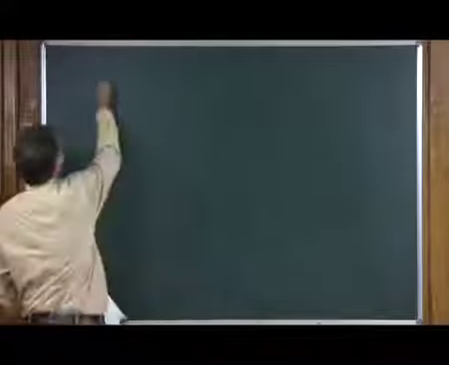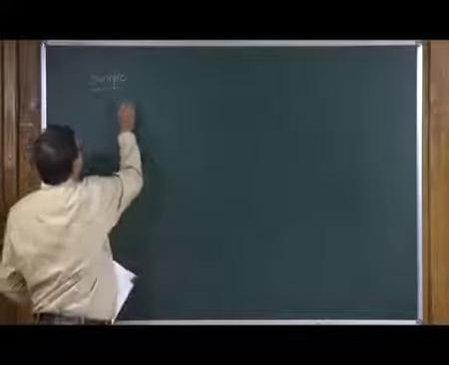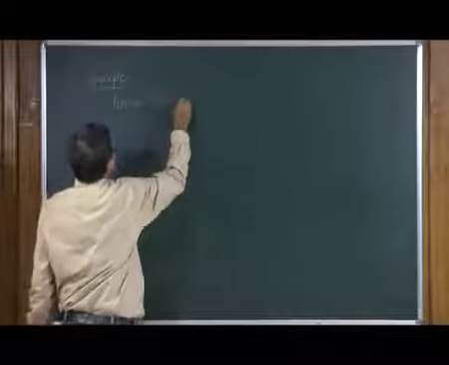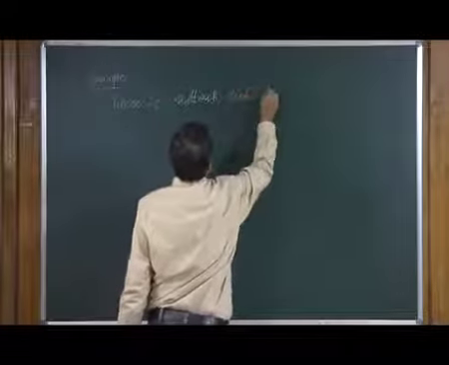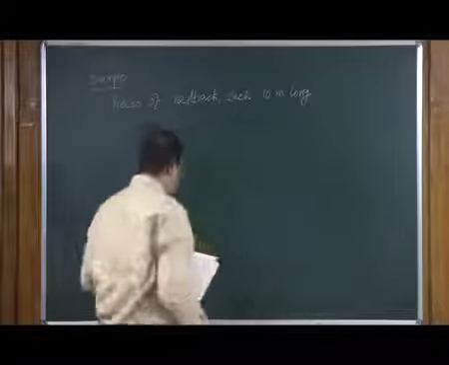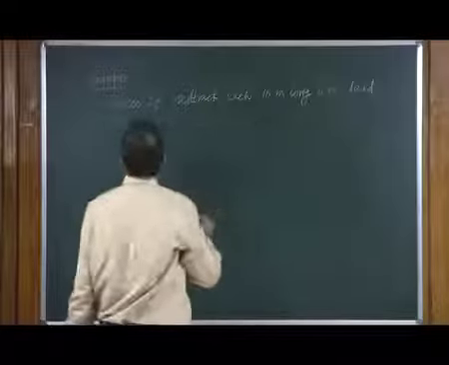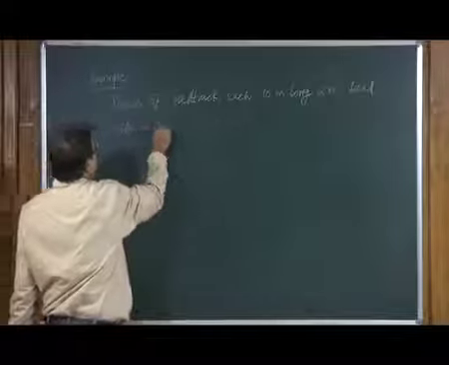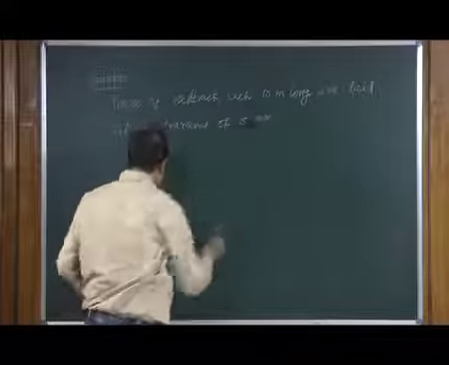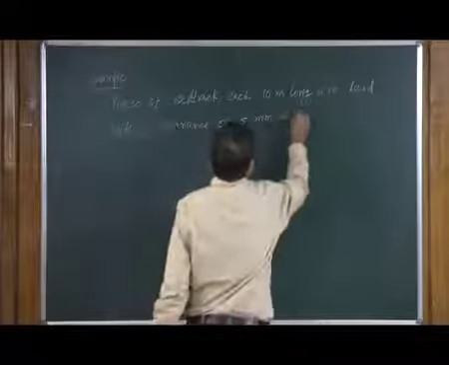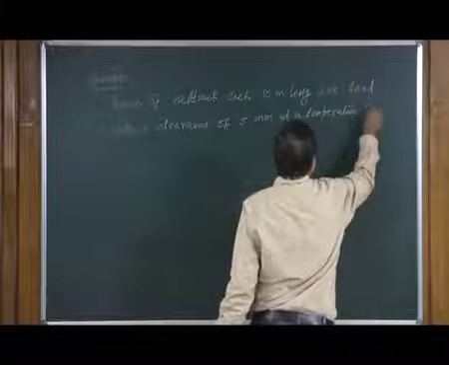So, let us take this: pieces of rail track, each 10 meter long, are laid with a clearance of 5 millimeters at a temperature of 30 °C.